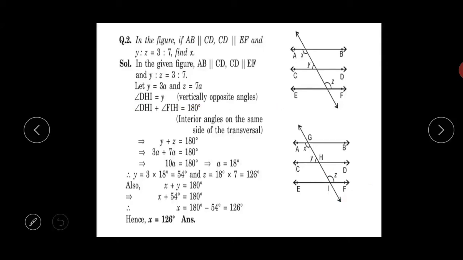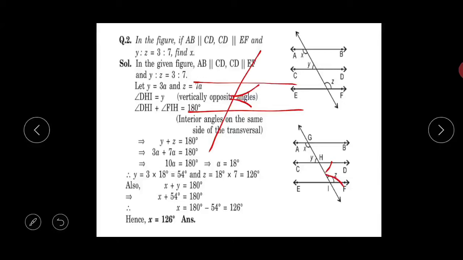So students, as you can see, if DHI is added to angle z, they both are interior angles on the same side of the transversal, or I can say that they are co-interior angles, isn't it? And I have told you in the introductory video that if we are having parallel lines and two angles are co-interior, on the same side of the transversal, then they always sum up to give 180 degrees.